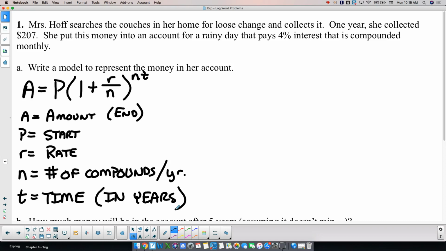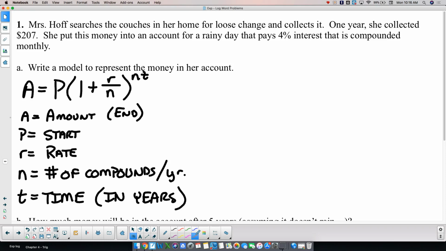If I'm asking for 18 months from now, T would be 1.5, because 18 months is 1.5 years. So, that is the explanation of the formula that we're going to use.